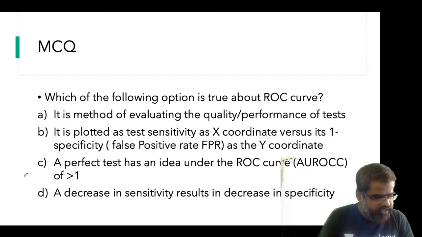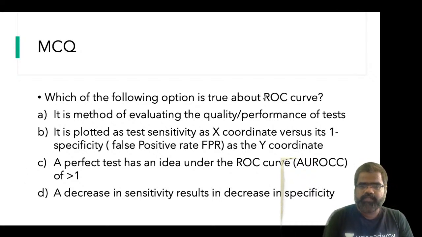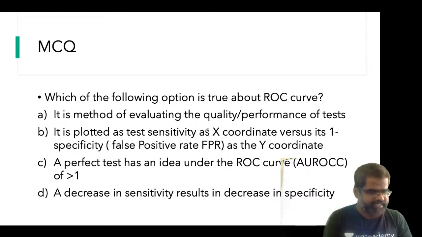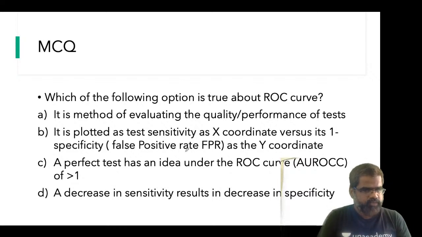Anyone who wants to try this? What is ROC curve? What is true about this ROC curve? It is a method of evaluating the quality and performance of a test. It is plotted as test sensitivity as x coordinate versus 1 minus specificity. A perfect test has an area under ROC curve greater than 1.